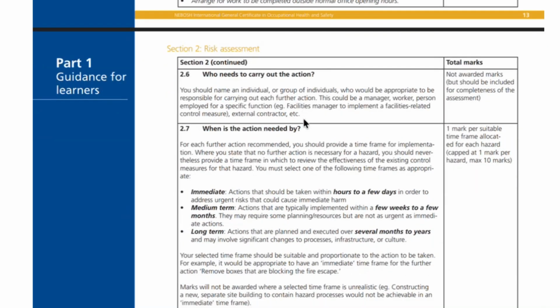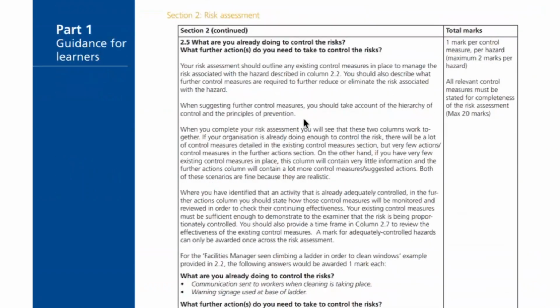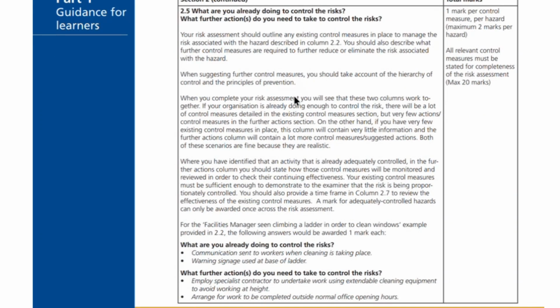Next section 2.6, who needs to carry out the action? Yes, so in this section 2.5, you have to write what further actions are also required, what you need to take to control the risk. So you have given existing control measures and further control measures, whatever is required. When you are writing the further control measures, always follow the hierarchy of controls.